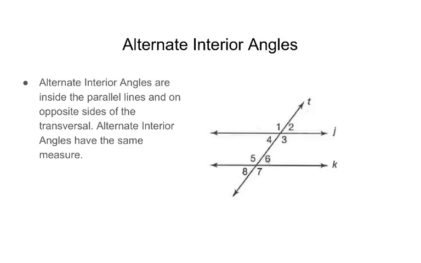And then just the opposite of that are alternate interior angles. They're on the inside of the parallel lines and opposite sides of the transversal, and they have the same measurement. So here's a set. 3 and 5 are alternate interior angles.